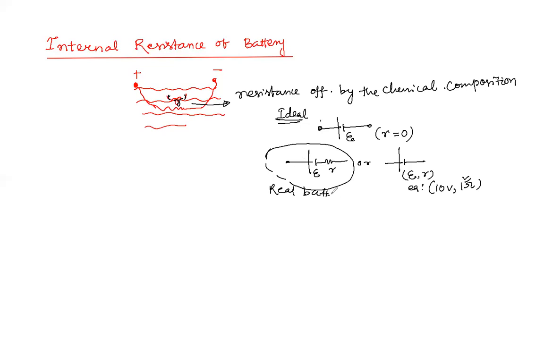And you know that this internal resistance is always connected in series with the battery EMF. So what is its effect on the calculation of the potential difference?